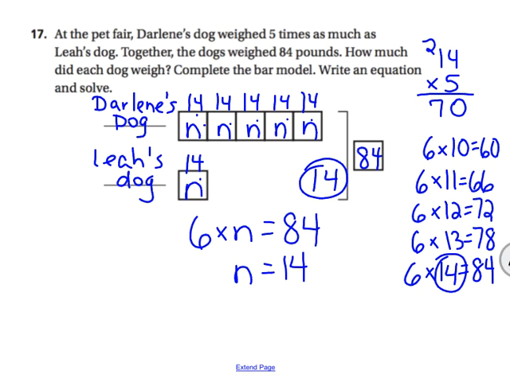Okay, so she is 14 times 5, which is 70. Okay, and again, Leah's dog, remember, she was just 14 times 1 equals 14.